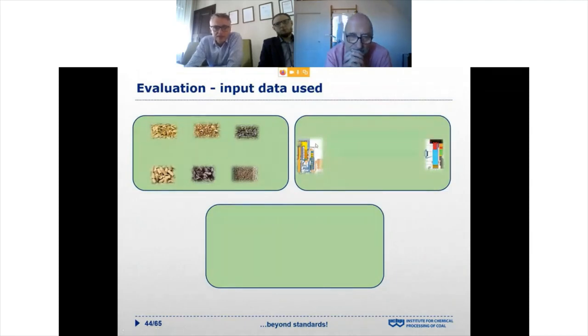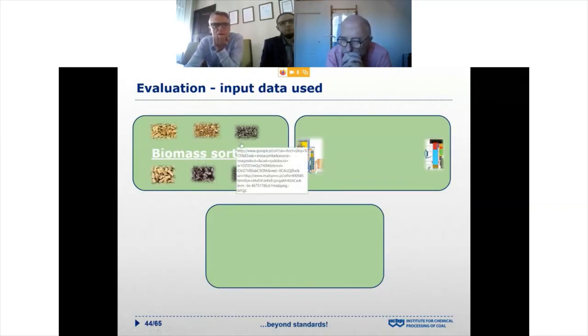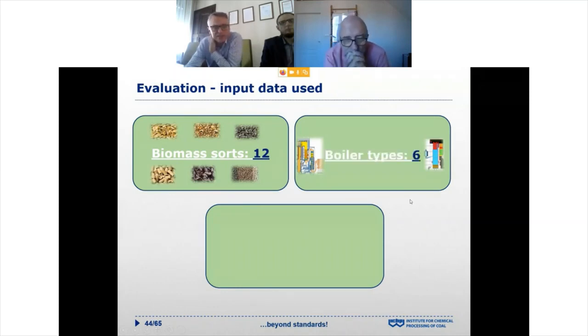And to answer what happens in these four different scenarios, the combinations of four different variants, we used the input data which we gathered from our experience, in our industrial testing, when we used 12 different biomass sorts: pellets, raw biomass, woody biomass, and biomass residues from agriculture and from the food processing industry.